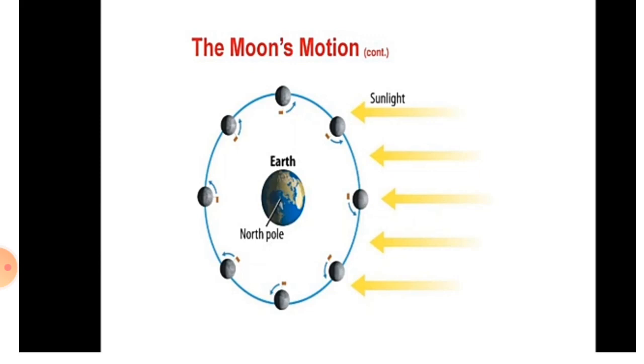And moon revolves around the earth and it rotates around itself also. So in this lesson we are going to learn about the moon's motions, phases of the moon and eclipse. Let's see about the moon motion.